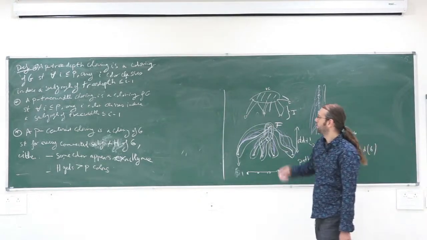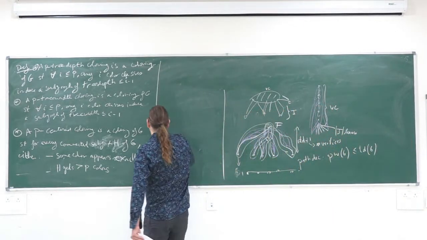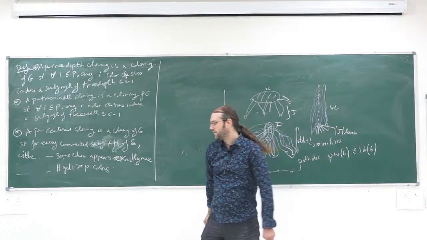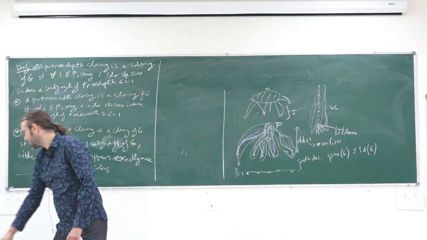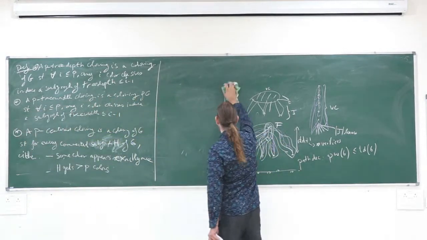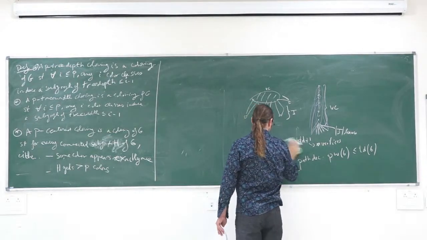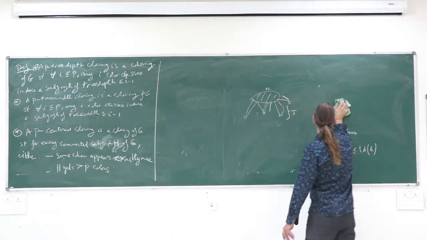It doesn't matter if you don't catch the definitions. It takes maybe some time, and I don't want to give too many examples. I just want to state this nice characterization.